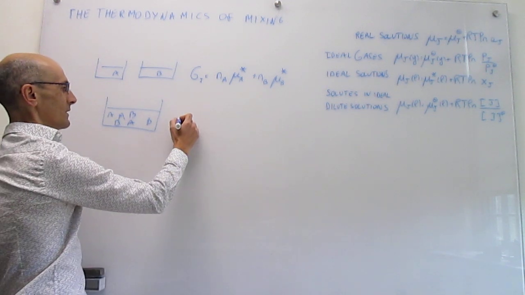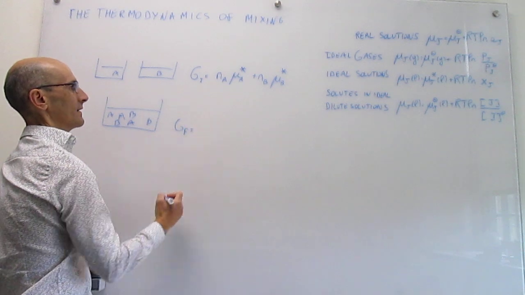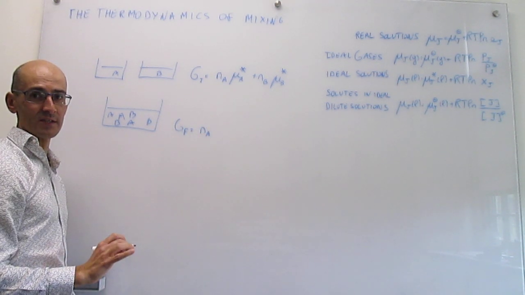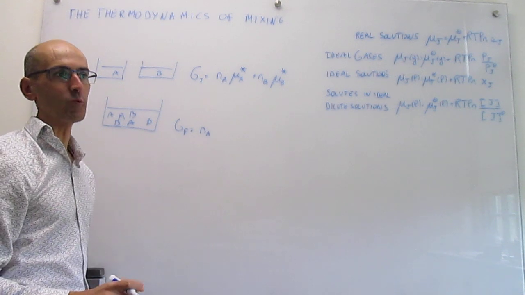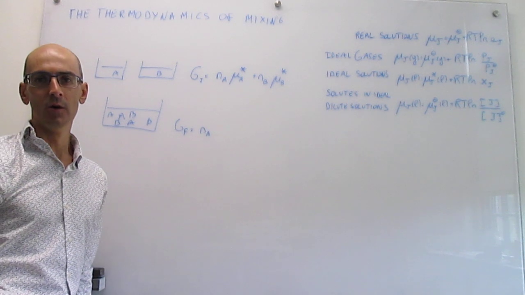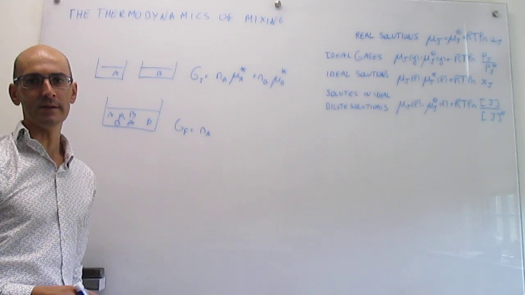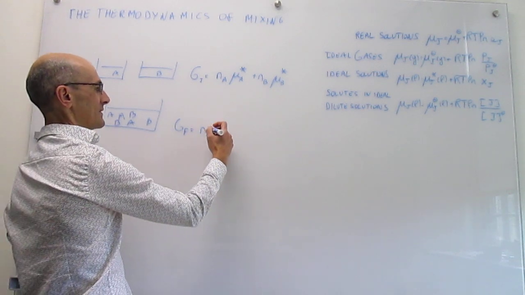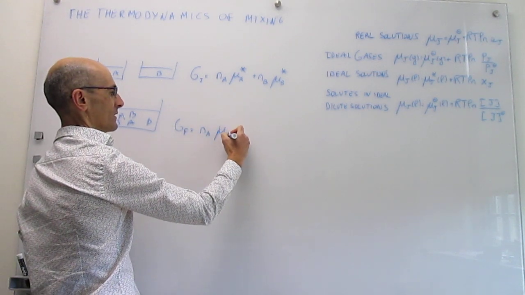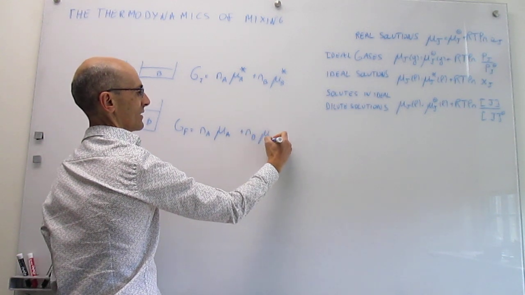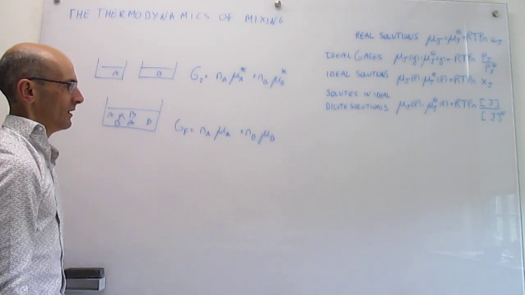Now at the end, when they're mixed, you're going to have the same moles of A and B. This is not a reaction. So it would be maybe mixing toluene and benzene, or chloroform and some other liquid that does not react with chloroform. So you have the same number of moles, and now you have a chemical potential, and the number of moles of B times the molar Gibbs energy of B. Great.